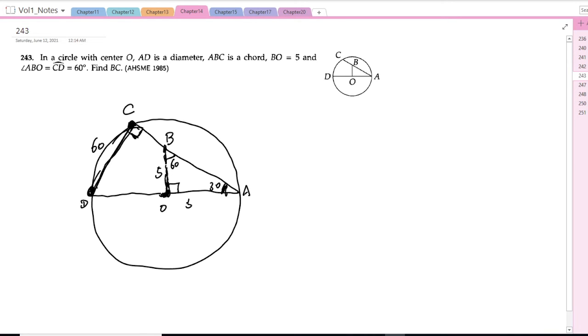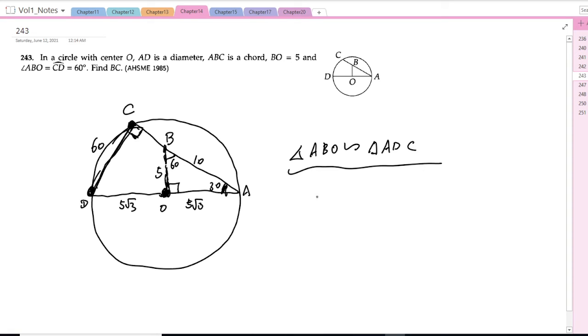So we know this is 5 root 3, and we know this part is 10. Now because AO is the radius, it's 5 root 3. So based on the similar triangles, the triangle ABO will be similar to the triangle ADC, right?